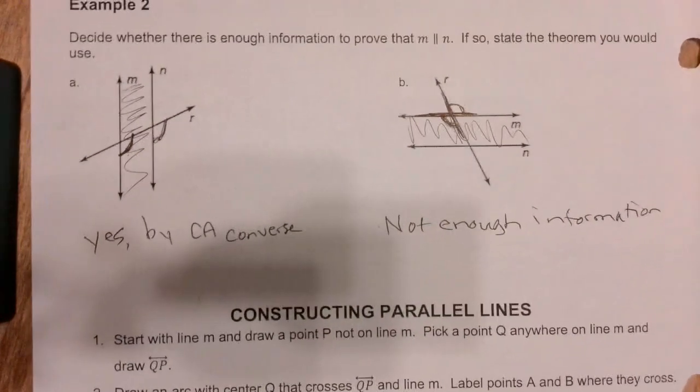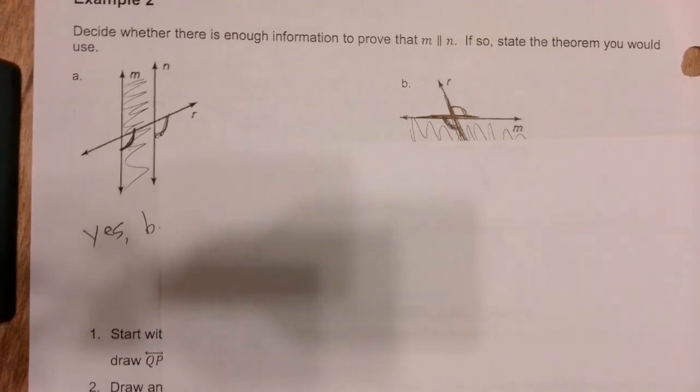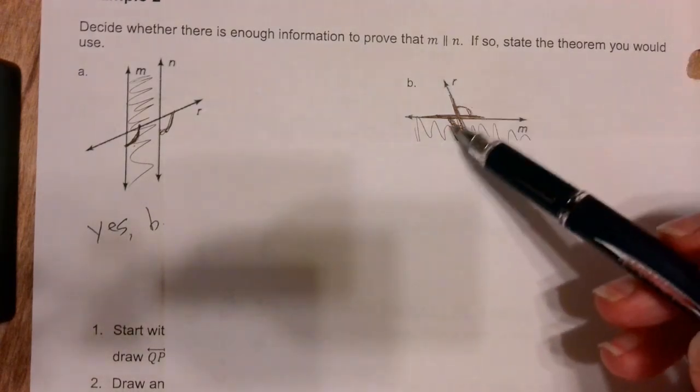Well, if you think back to chapter 1 and used again in chapter 2, what do you know about vertical angles? They are always congruent. In fact, if I covered up this other line, does it change the picture? No. These two angles are still congruent.